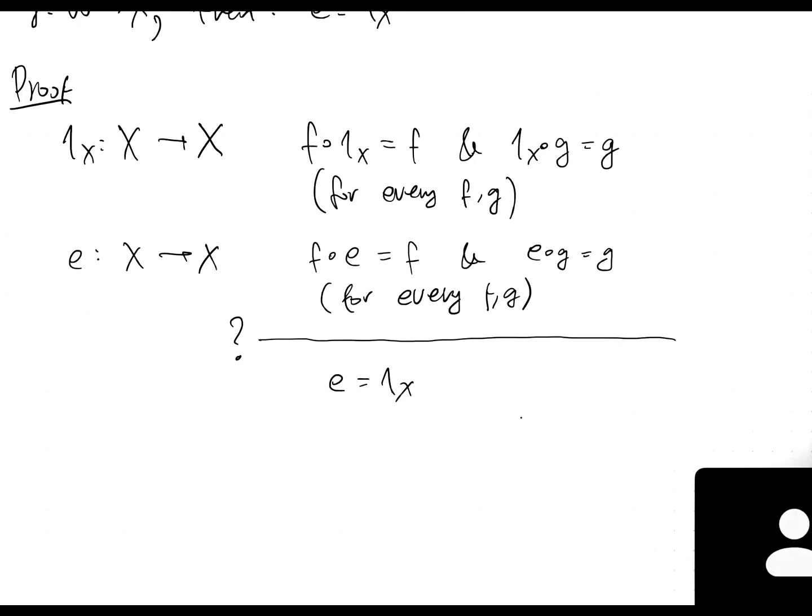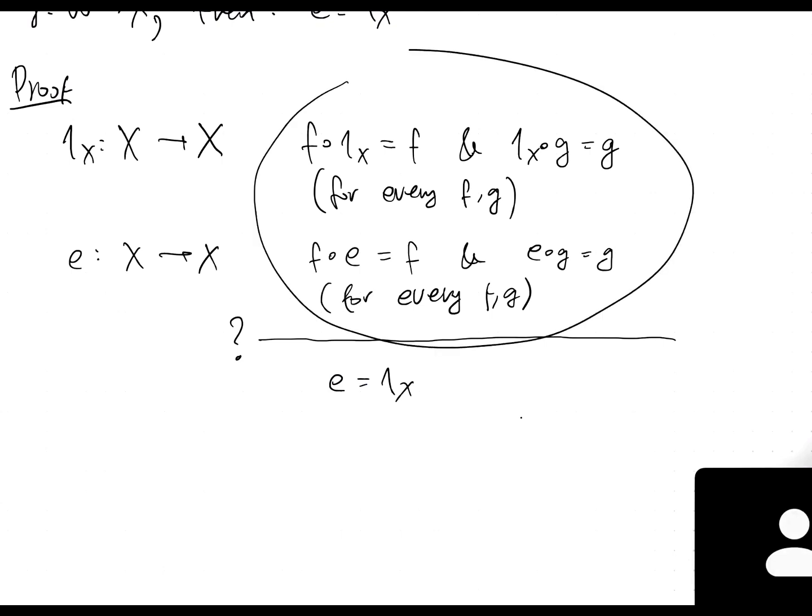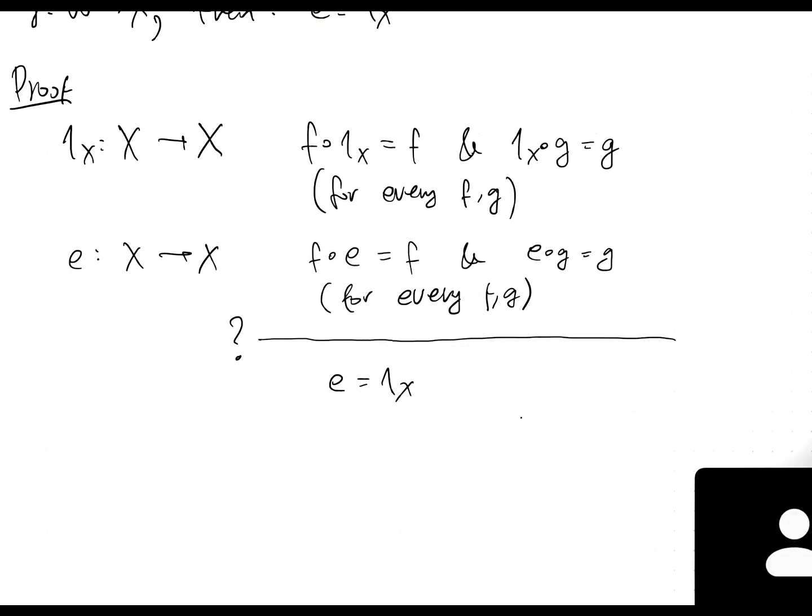Basically, if you reflect on this, we've got a bunch of equalities, and we want to derive from it another equality. The equalities we've got here are not just 4 equalities, there are infinitely many of them, potentially, because f and g can be arbitrary morphisms.